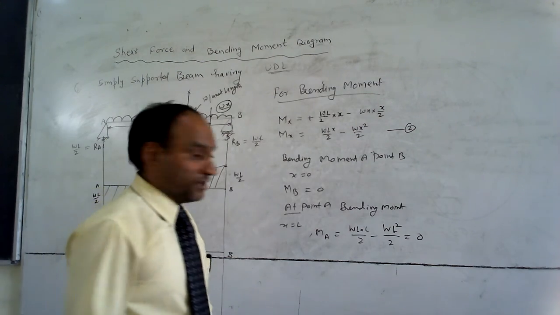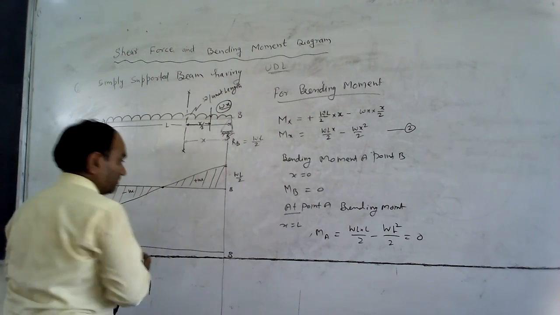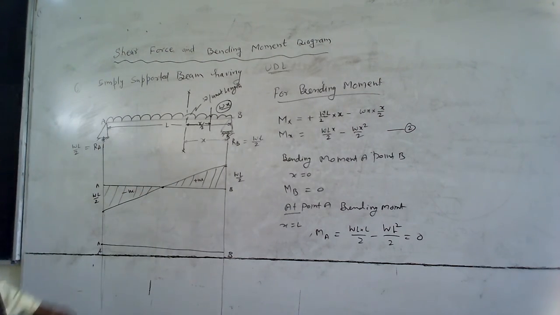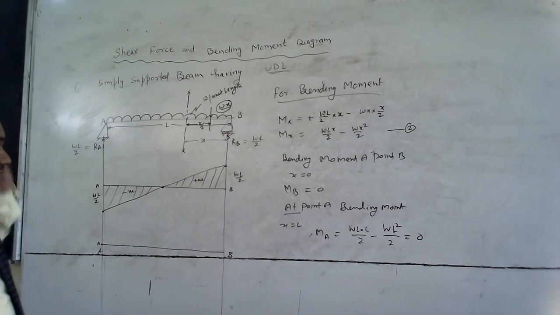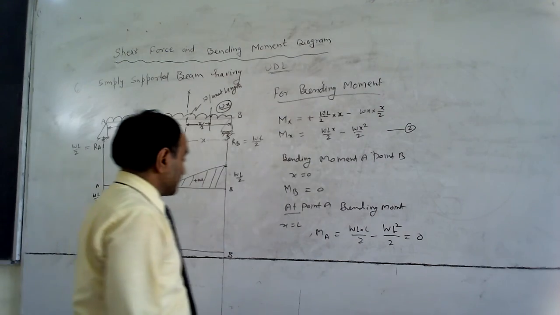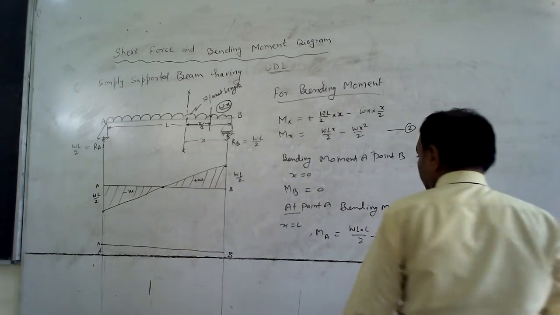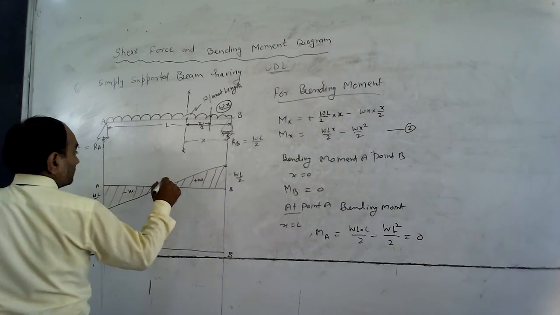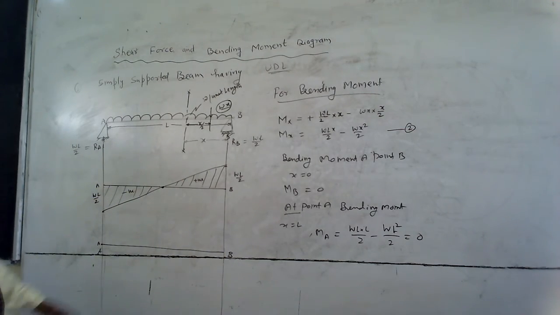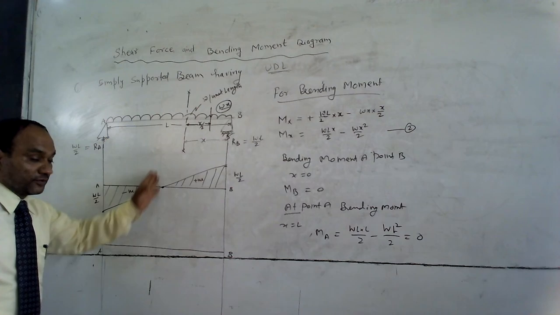So what will happen in between A and B? We have to find out the value of bending moment in between A and B. For that case, we know that the bending moment will be maximum where the shear force is 0.